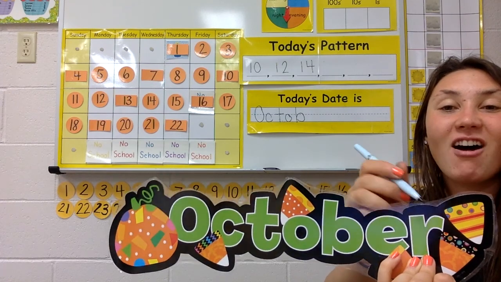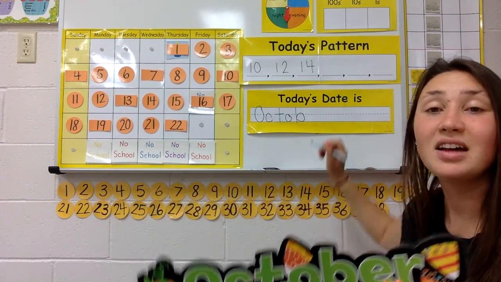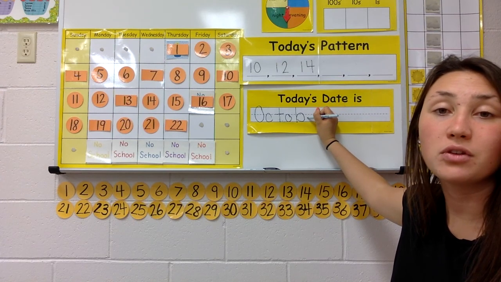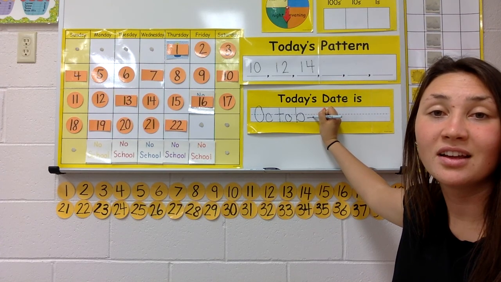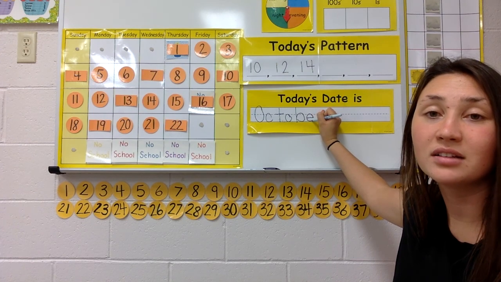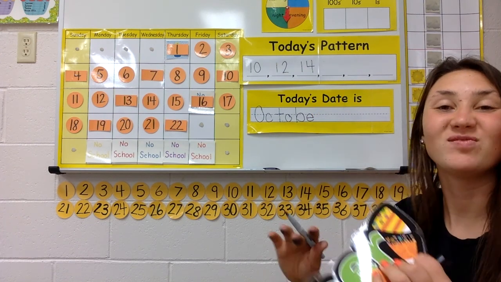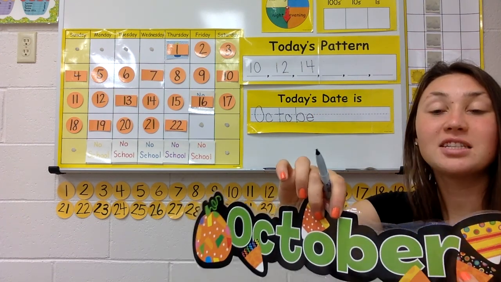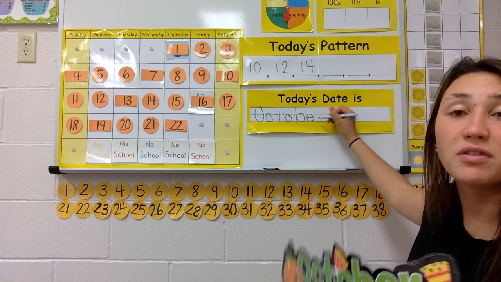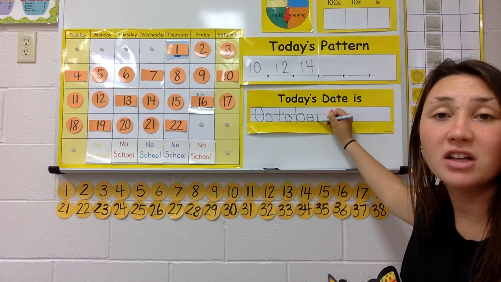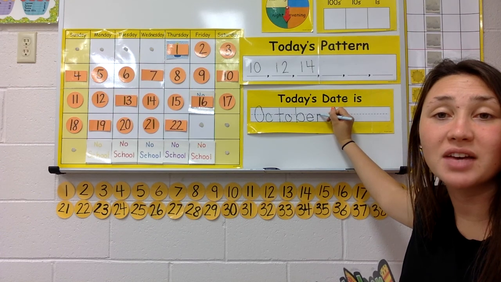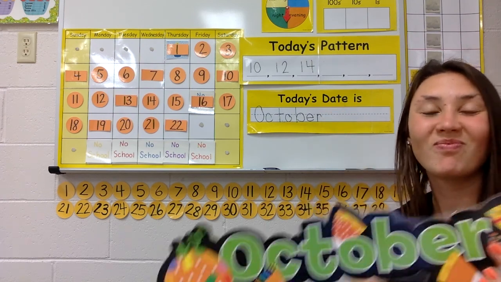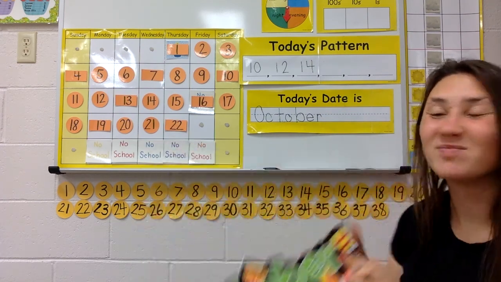It's an E-R, yeah. So go ahead and make your lowercase e. To make that, you make a line to the right, and then you make a C, like that. And then to make an R, you go from vanilla to chocolate, you trace up, and then you give it a hook, right? That's how you write October. Good job.